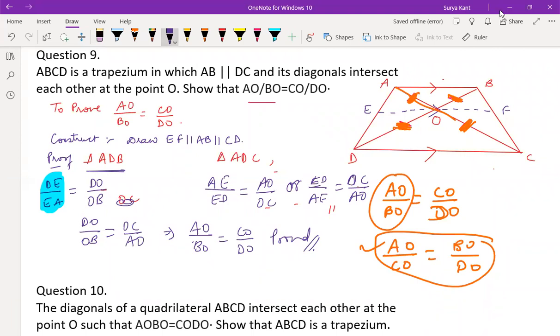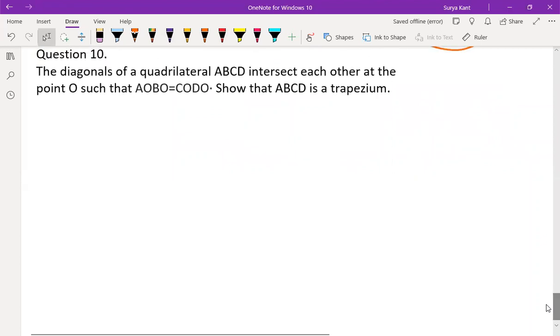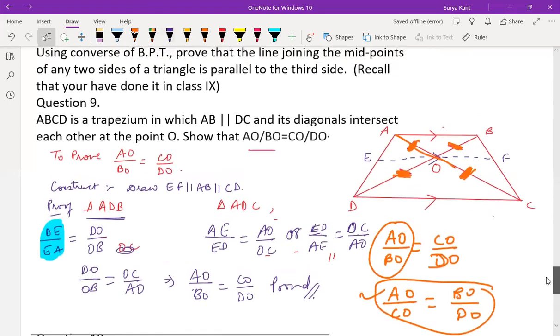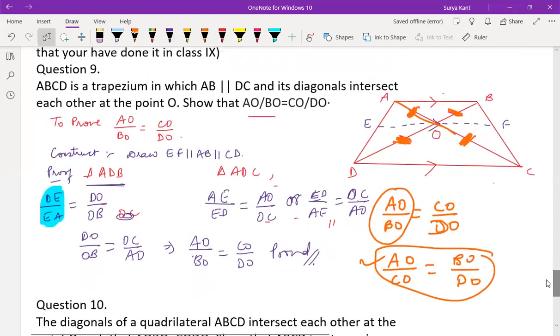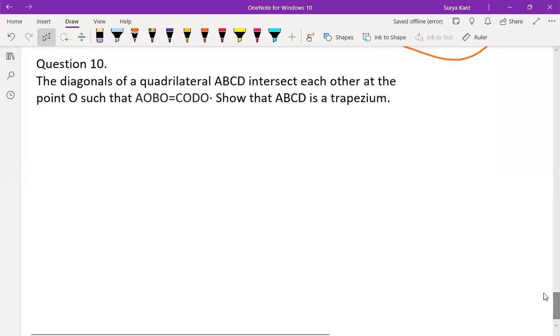So next question, question number 10, all of you do question number 10. The diagonals of a quadrilateral ABCD intersect at point O. Sir, the 10th question is just the converse of the ninth question, right?